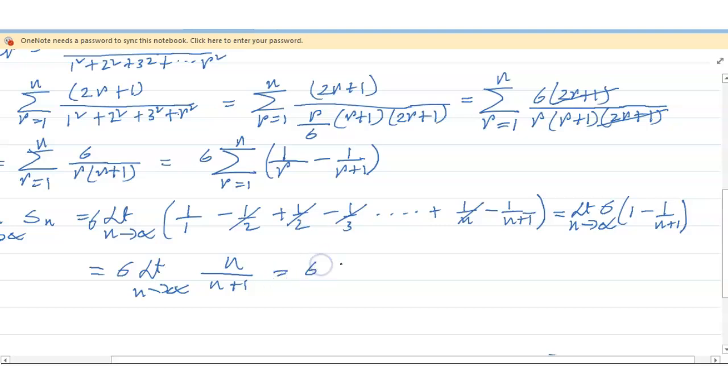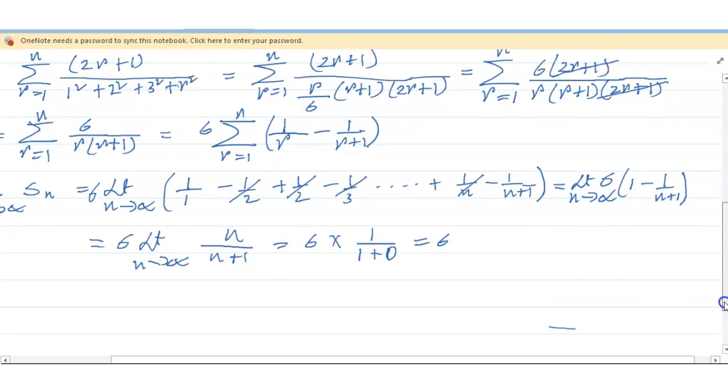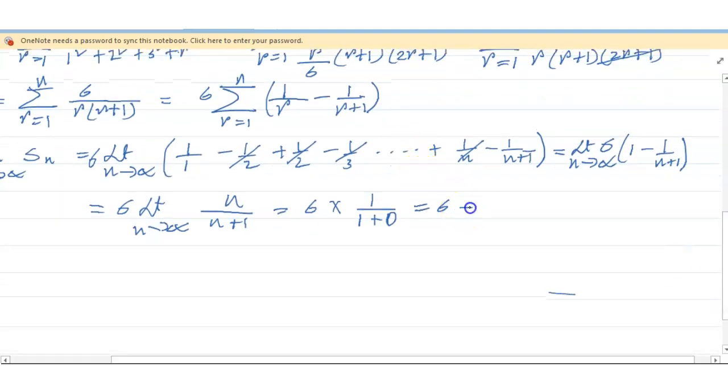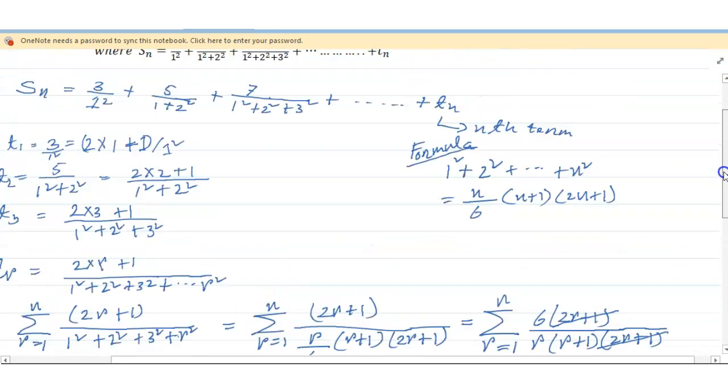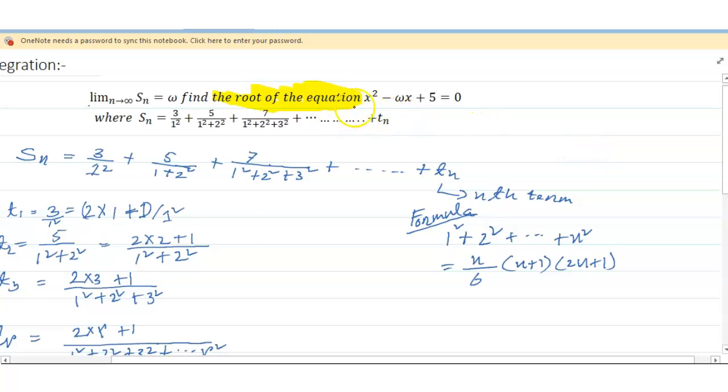It can be written as 6 into limit 1 by 1 plus 0. This value is 6, and this value is equal to omega. Omega is my value. Now this question asks that this omega is equal to 6.